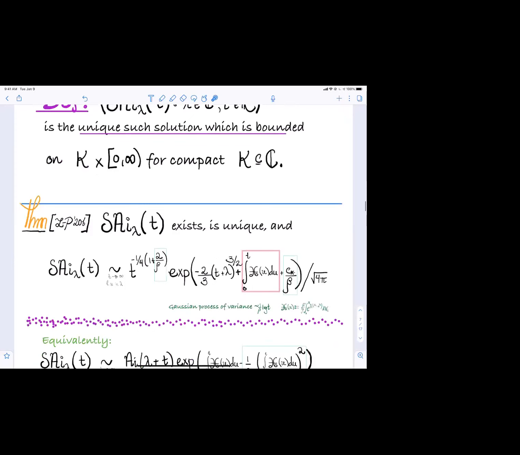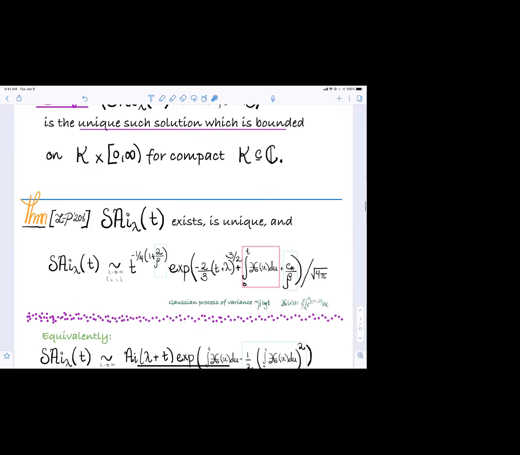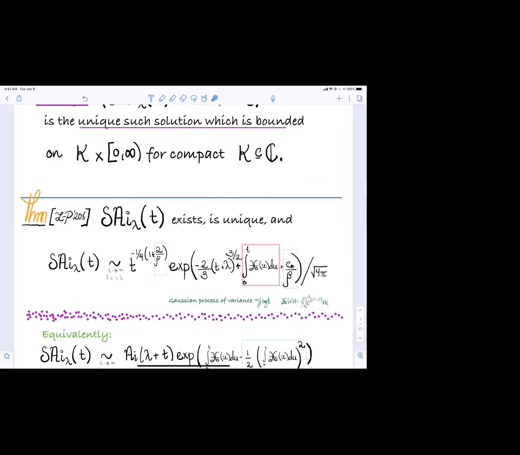So this function exists, it's unique, and we will take a convention on what its actual rescaling is, what the constant is in front of the bounded solution. And we do it basically by understanding the time-goes-to-infinity asymptotics of these solutions.